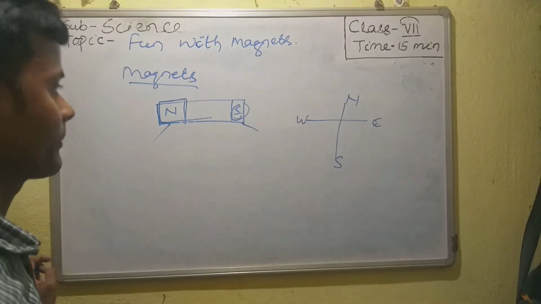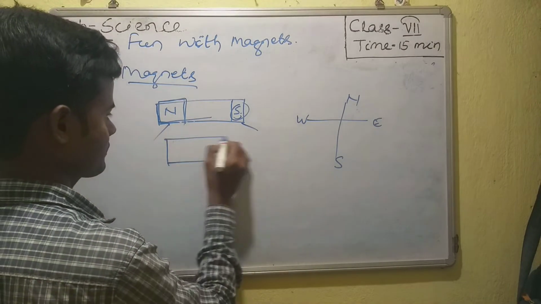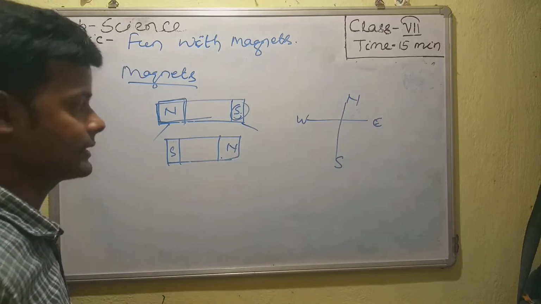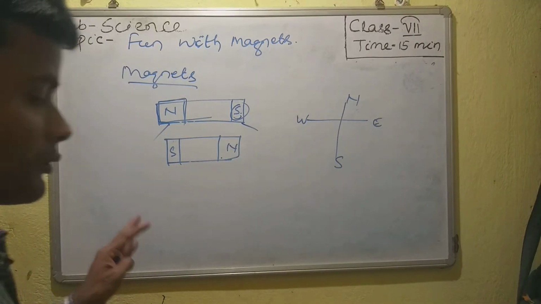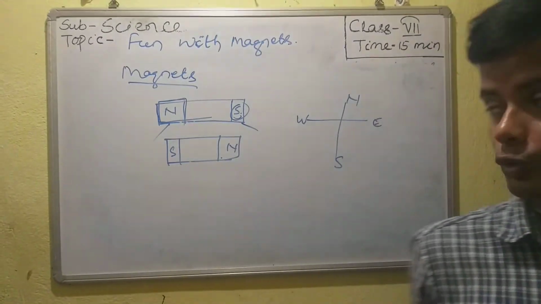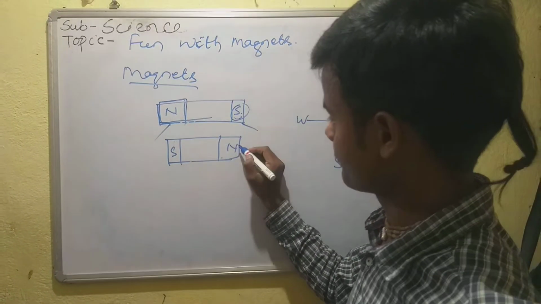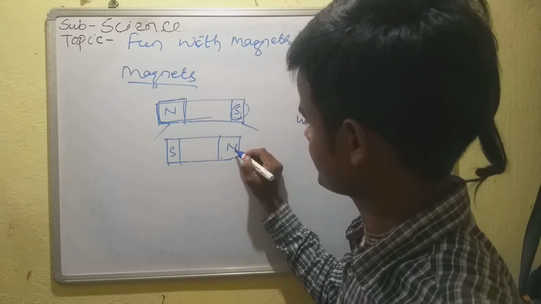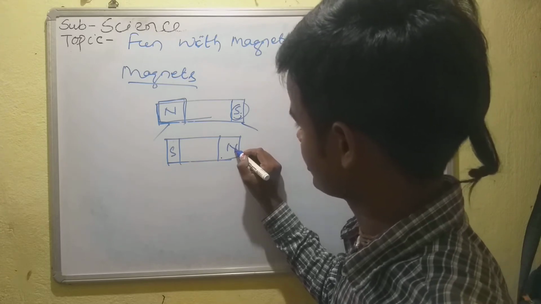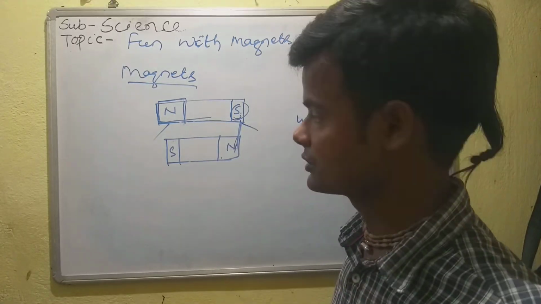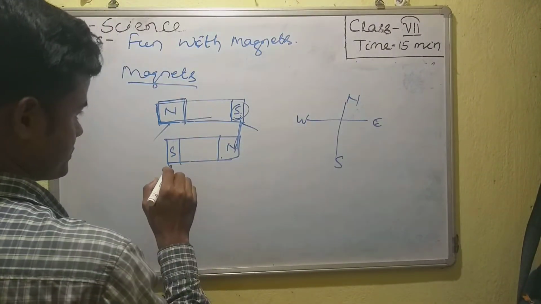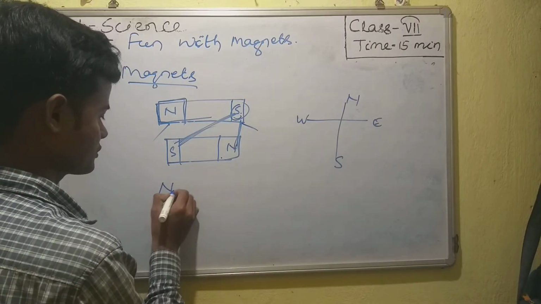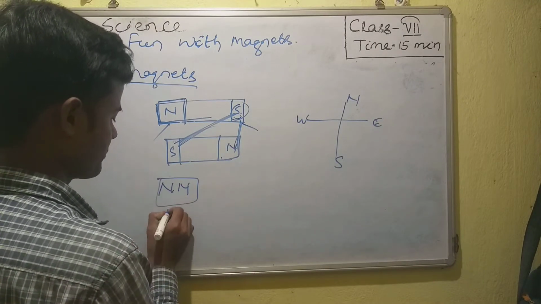If we take two magnets, and one is north and the other is south, we say that there are two opposite poles. Two opposite poles always attract each other, right? North and south will attract each other. And two similar poles always repel each other, meaning north and north will repel each other.